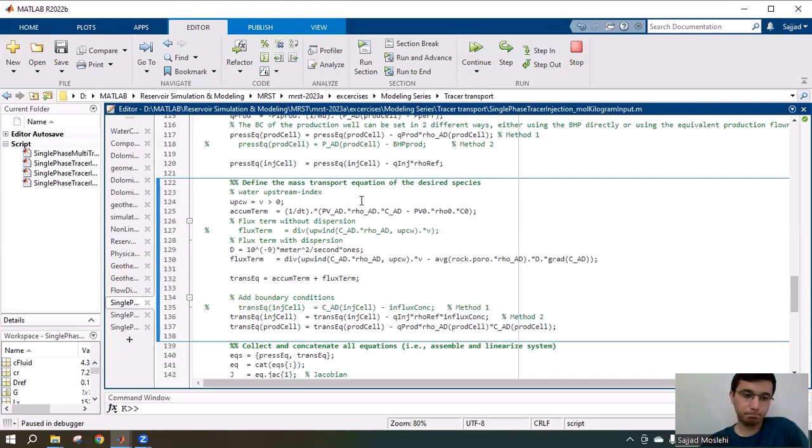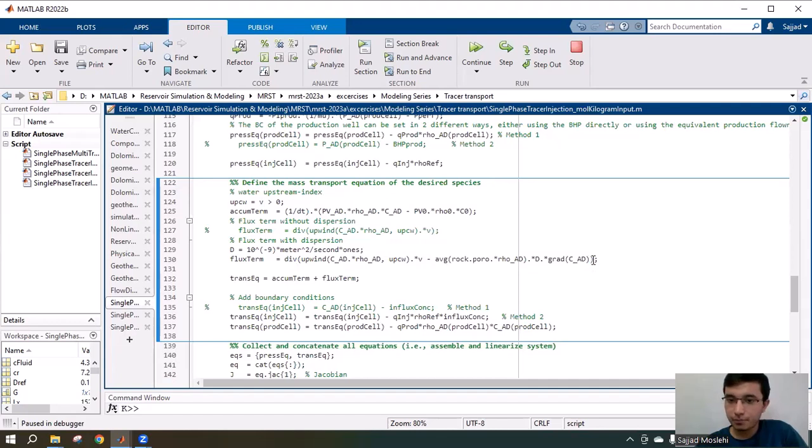All right. And for constructing and writing the mass transport equation, which is actually the mass conservation equation of that tracer, we need to have the flux of the water. As you see, the flux of the water is used here in the advection term, and here we have the diffusion term.